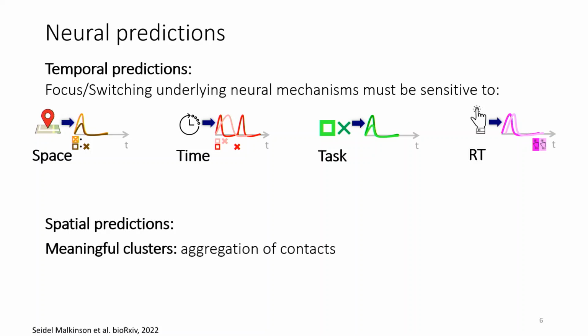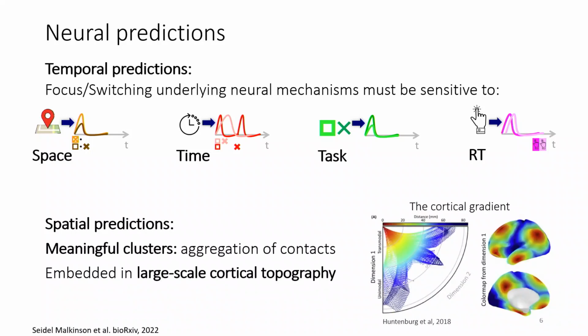If the clusters that we find are meaningful, then the contacts will be aggregated in the brain, but not just anywhere in the brain. We wanted to see if they are embedded in large-scale cortical topography, and in this case, we chose the cortical gradient, which is a hierarchy that encompasses the entire cortex and shows gradual change in many different features.